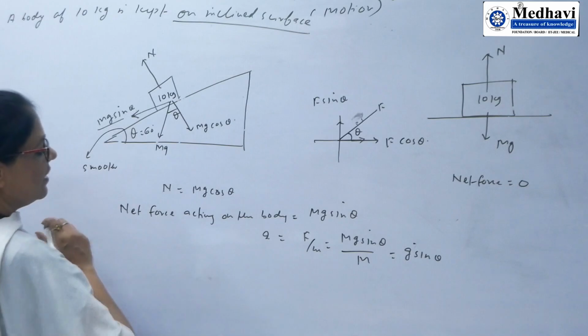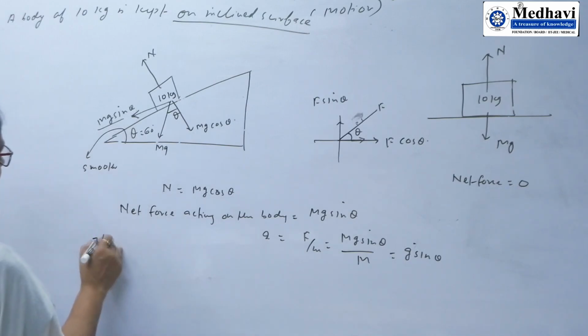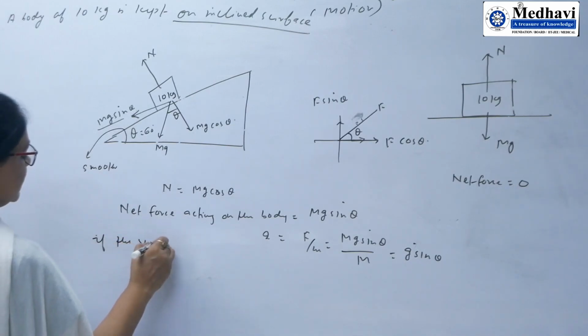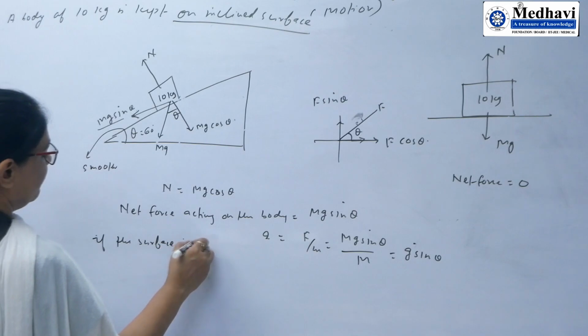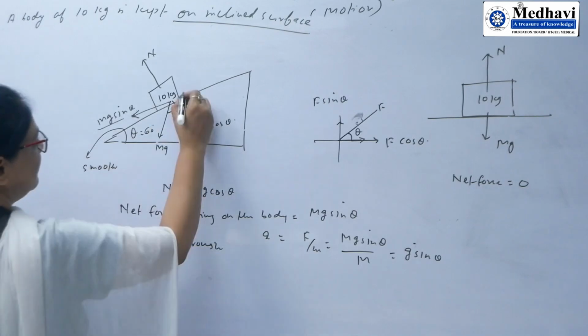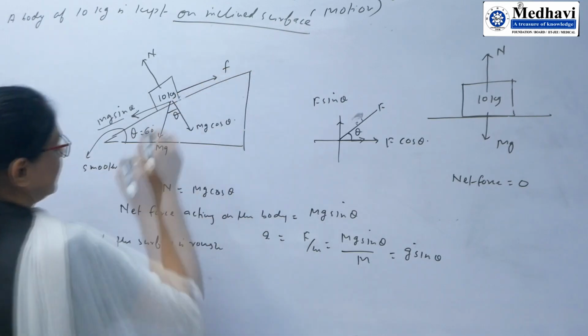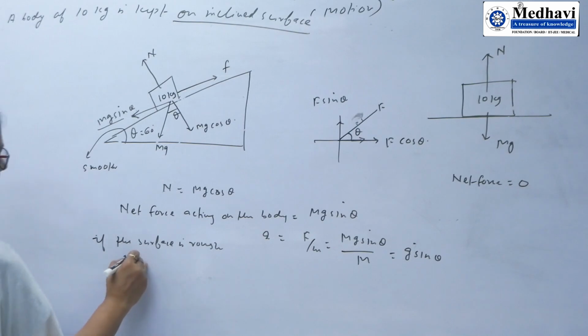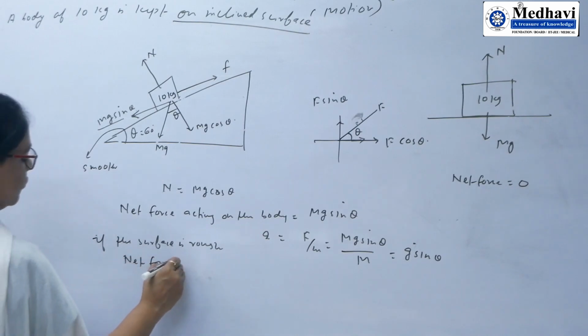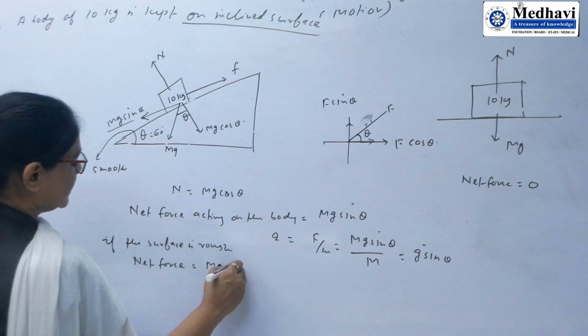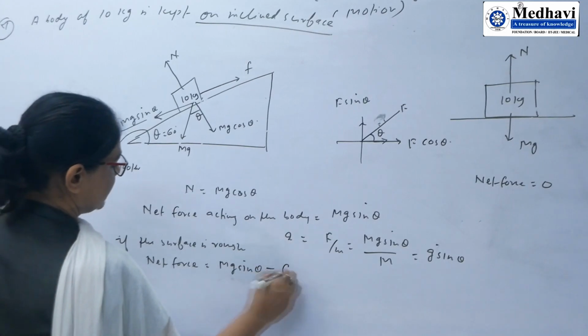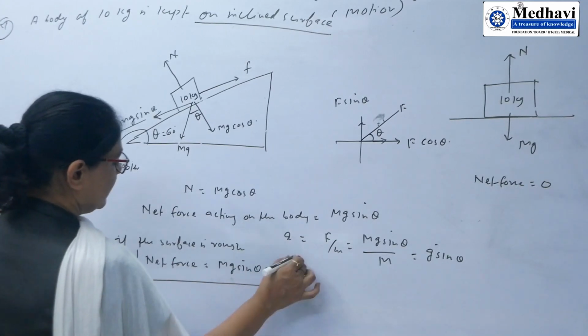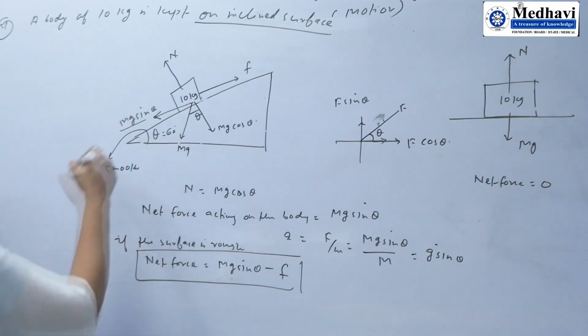If the surface is rough, then another force will be produced here, that is the force of friction. In this case, we can use net force is equal to mg sin theta minus f, if the body is moving down.